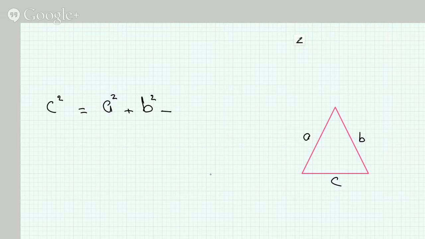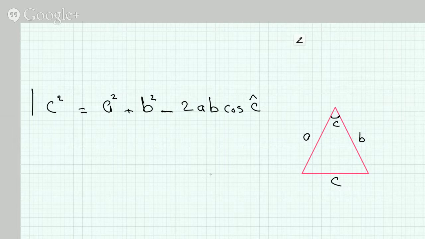That extension is the term minus 2 times A times B times the cosine of the angle of the side that we are taking. So in this case, it will be cosine of angle C, with C being the angle facing side C, right there. Let's call this angle C right here.